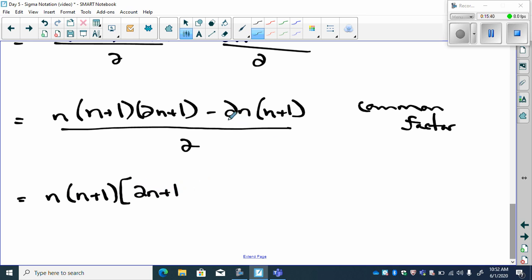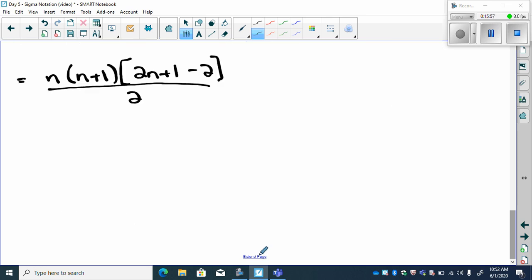If I divide this term by the common factor, think about this, negative 2n times n plus 1 divided by positive n times n plus 1, that would just leave a negative 2. And it's all over 2. When I simplify this square bracket, I've got 2n plus 1 minus 2. Positive 1 minus 2 would give you a negative 1. I'd have 2n minus 1.